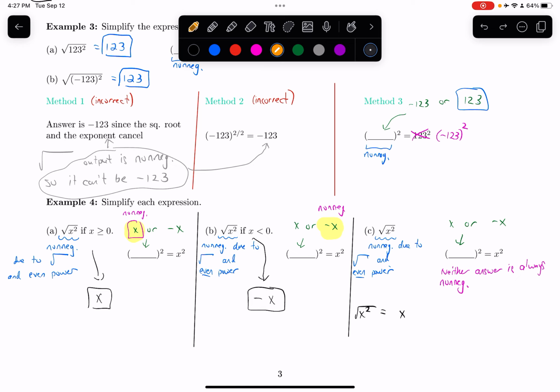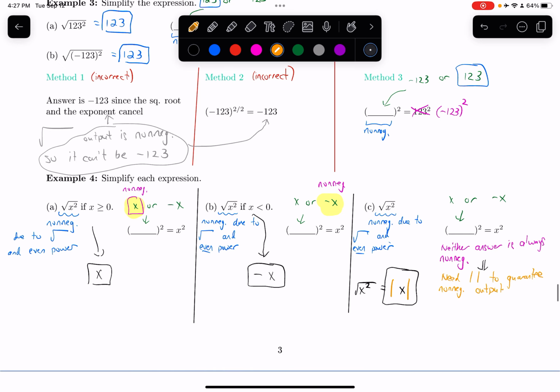And the thing that fixes it is an absolute value. I need an absolute value in my answer to guarantee that my answer is always non-negative. So because neither answer was always non-negative, we need an absolute value to guarantee a non-negative output.